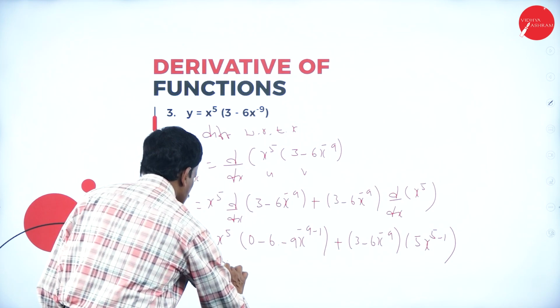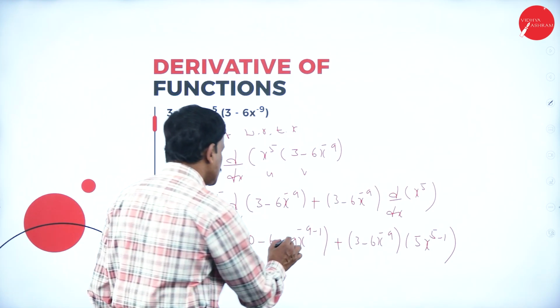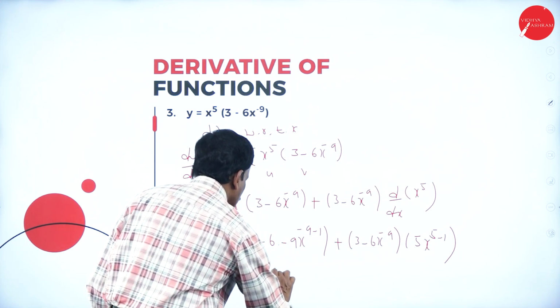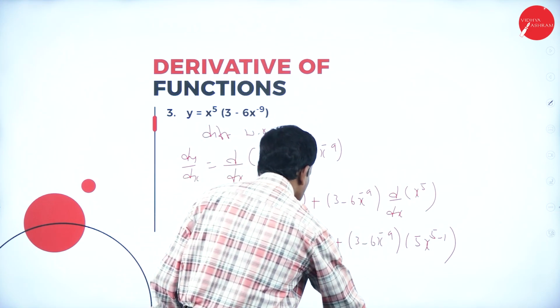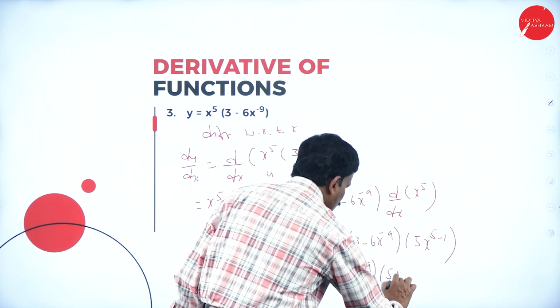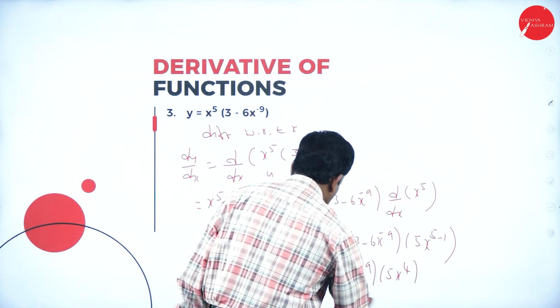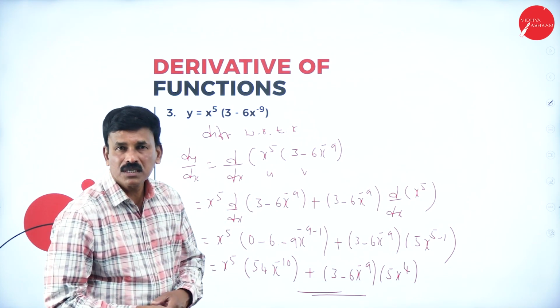So this is x to the power of 5 into minus times minus, plus 9 sixes are 54, x to the power of minus 10, plus 3 minus 6 x raised to minus 9 as it is, 5x to the power of 5 minus 1 is 4. This is the derivative of the function. If you do this much, definitely you will get 5 marks.